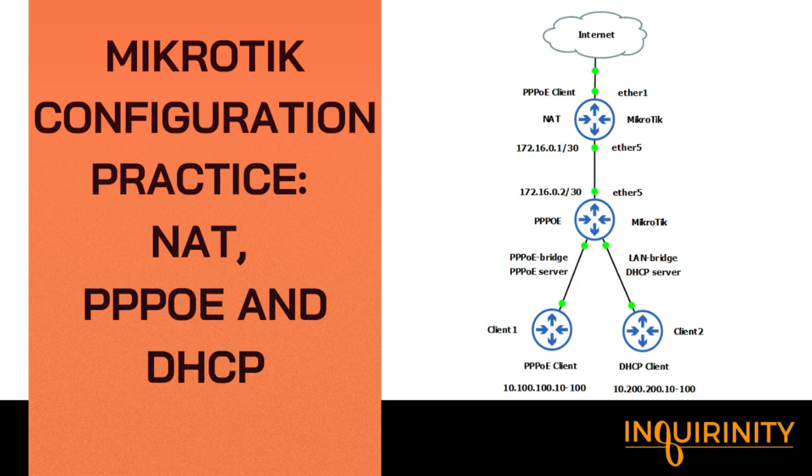Our router number 1 is only doing network address translation with the connection to our ISP router, while our router number 2 is the PPPoE server and DHCP server, but it is not doing any network address translation, but instead it is doing routing going to our router number 1.